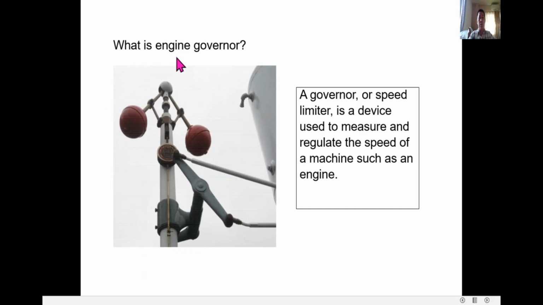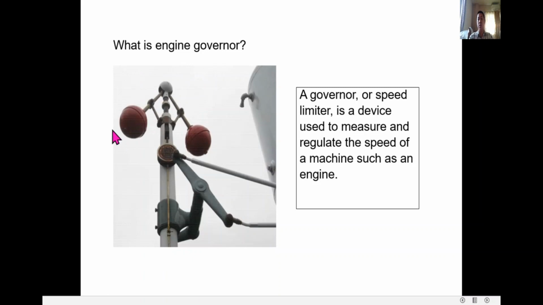What is engine governor? A governor or speed limiter is a device used to measure and regulate the speed of a machine such as engine. So this is a simple type of governor.